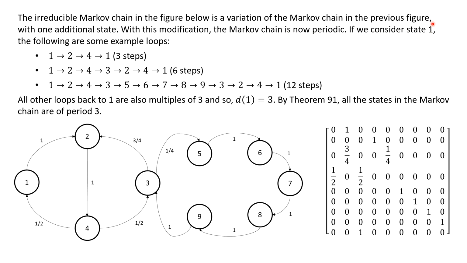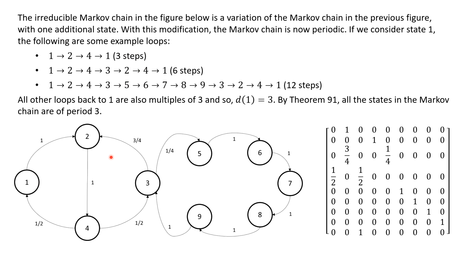If we consider state 1 and analyze that, we can see that the period is 3. So from state 1, you can go 1, 2, 4, 1, that's 3 steps. You can go 1, 2, 4, 3, 2, 4, 1. That's 6.